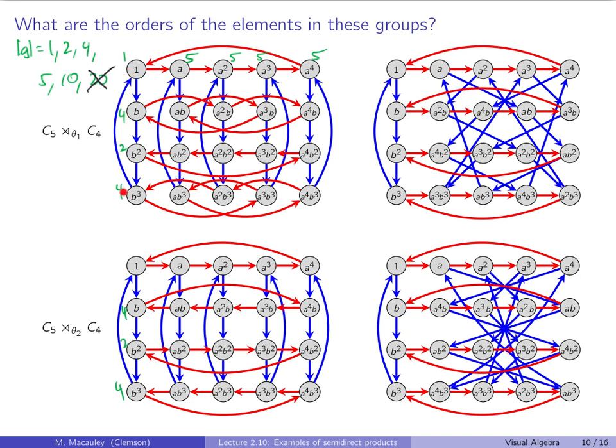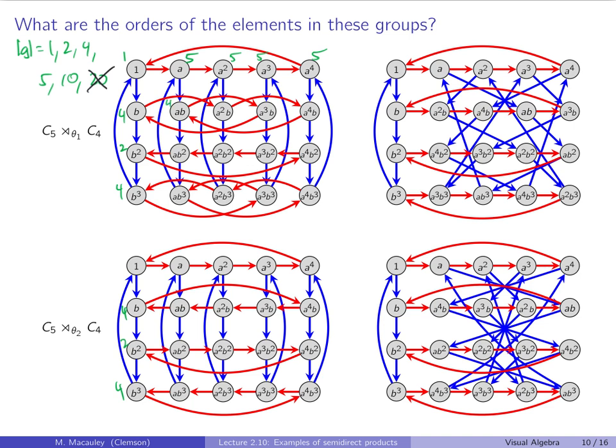We keep doing that. So the order is how many steps it takes till we get back to the identity element 1. And if we're increasing 1 row at a time, and there are 4 rows, then whatever that is has to be a multiple of 4, right? And the only thing on this list that's a multiple of 4 is 4 itself. So that means that ab has to have order 4.